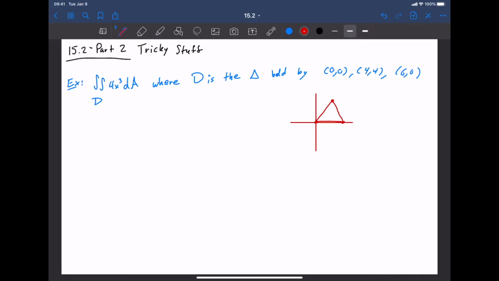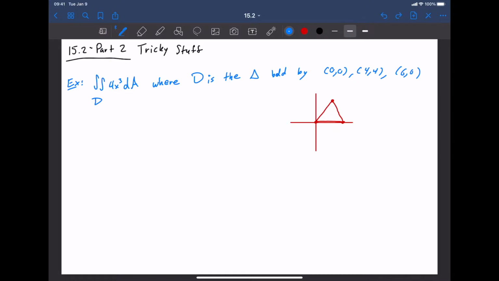Is it easier to go top bottom first or left right first? I hope you notice that if we go top bottom, we'd have to use two different integrals to describe the left half, so to speak, where the top is this positive sloped line, and a different situation for the right half, where it's this negative slope line on top.